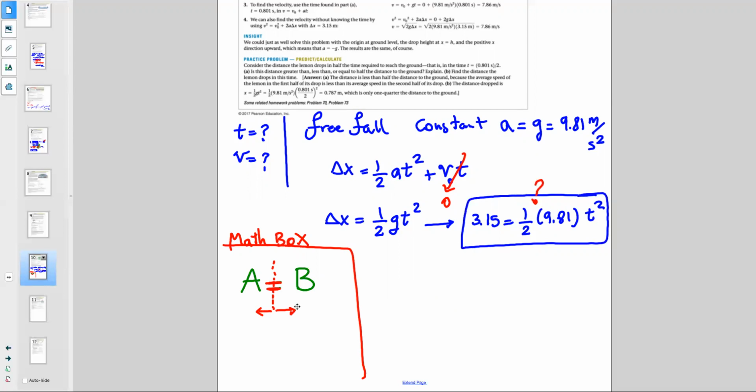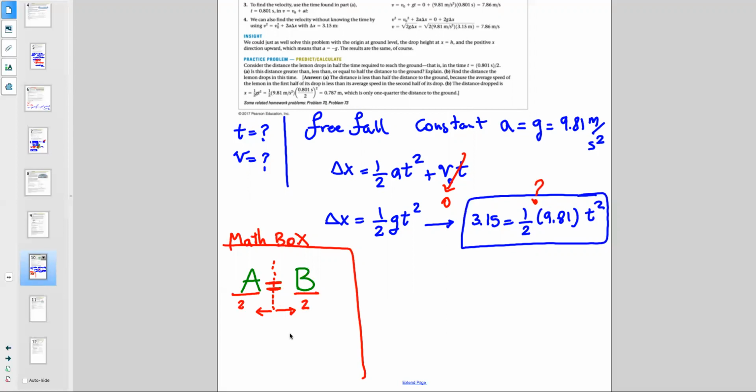Now, what if I double everything? What if I multiply this side by 2 and multiply this side by 2 as well? Would that still be equal? Yeah, they're just double, but they're still equal, right? What if I divide everything by 2? Yeah, still equal.